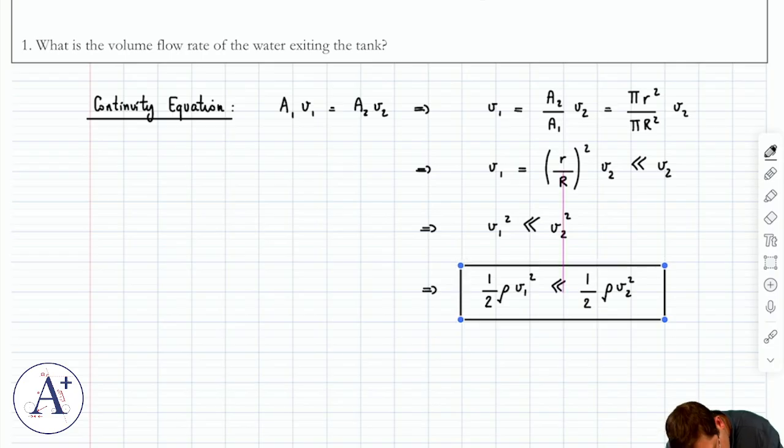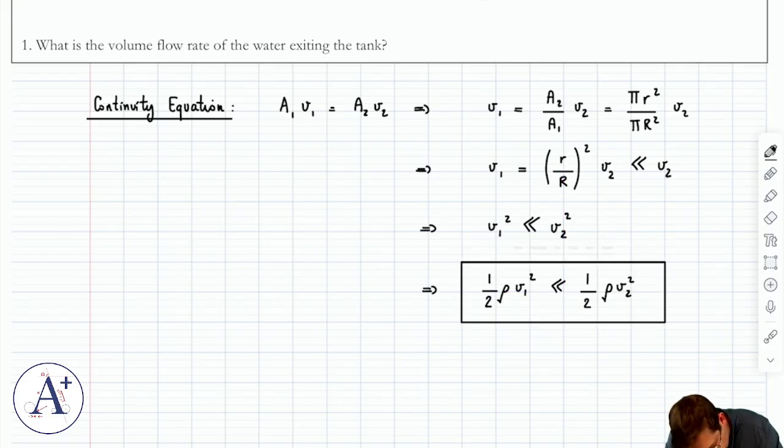That is typically the case if one area is very small compared to the other. This is the conclusion we want to come to with continuity, because it's going to be useful when I write Bernoulli's equation. It's going to help me simplify it. Now, there's another option. It doesn't have to be the case.